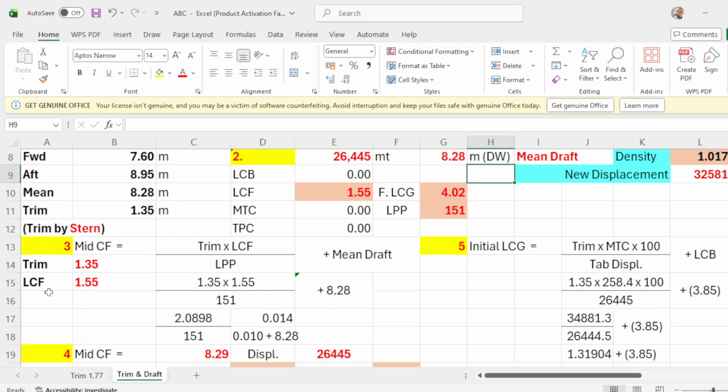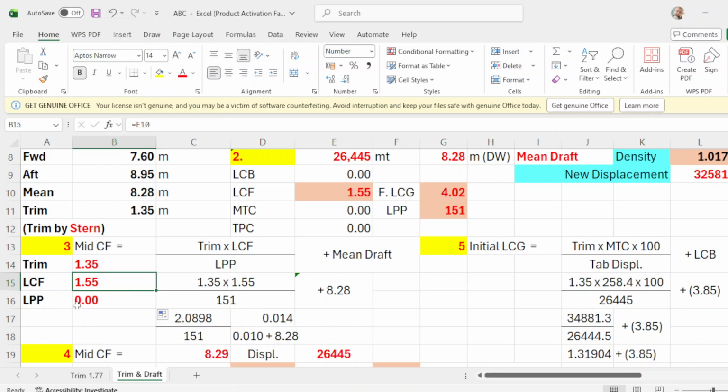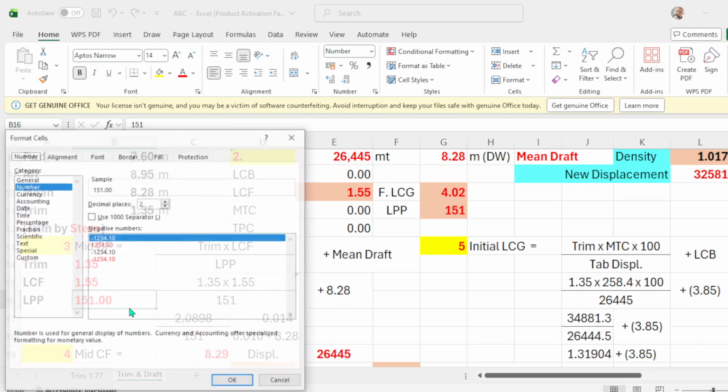I put here LPP, so that will be 151. Just numbers.